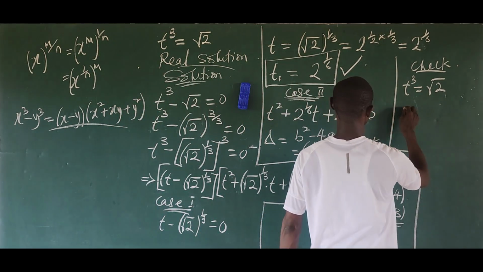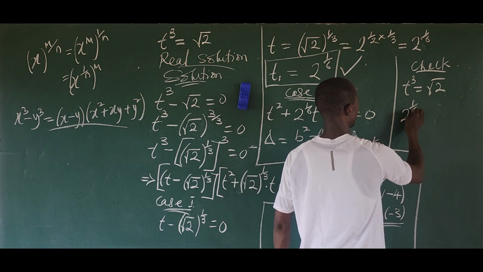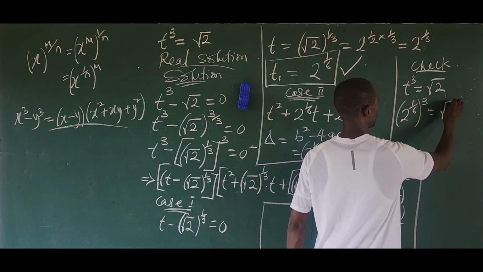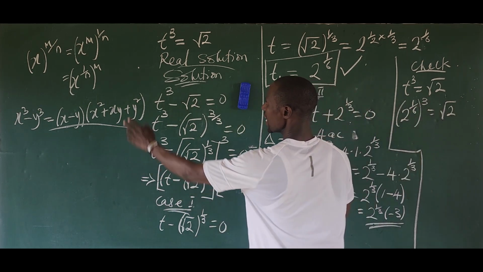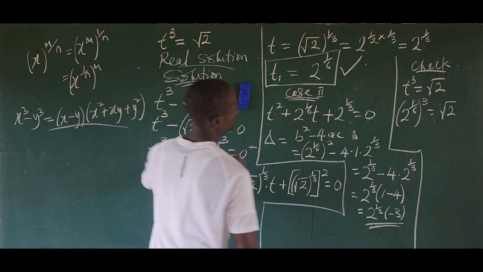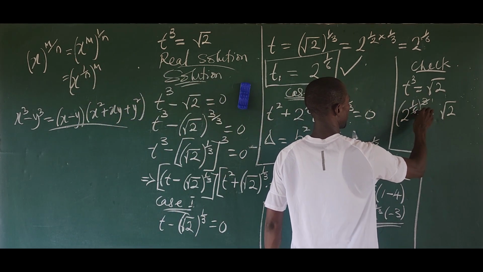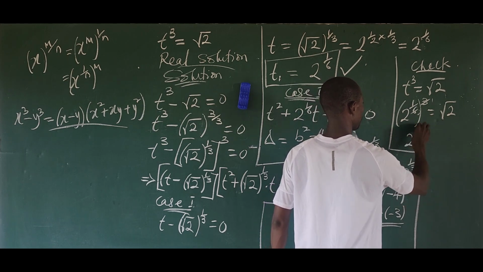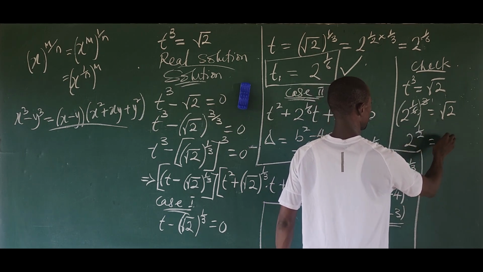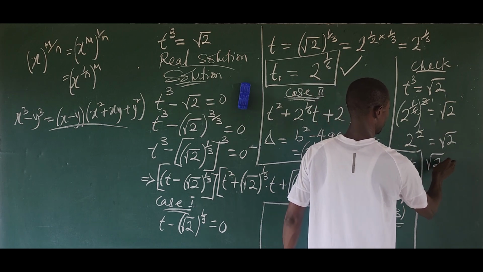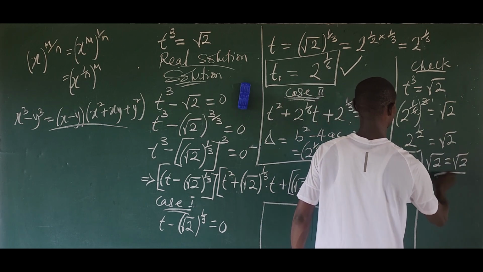So this is going to give us 2 to the power of 1 all over 6, all raised to the power of 3, equals root 2. So if we apply this rule here, we're going to have 2 to the power of 1 all over 2 equals root 2. And this is the same thing as root 2 equals root 2.